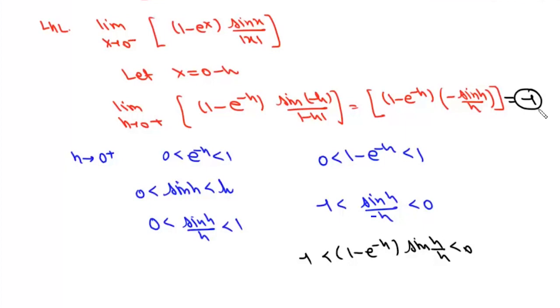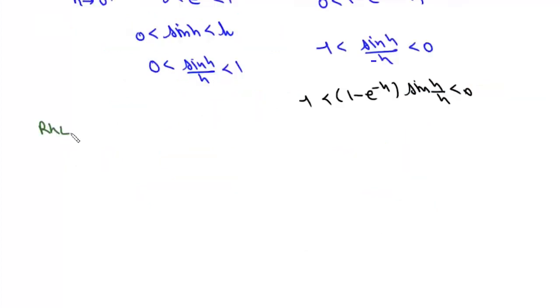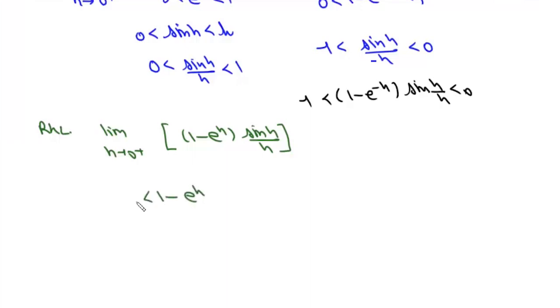Now we'll come to its right hand limit. For its right hand limit, we'll write limit h tends to 0 positive, greatest integer function of 1 minus e to the power h into sin h upon h. Now in this case, e to the power h will be greater than 1, so 1 minus e to the power h will lie between minus 1 and 0, whereas sin h upon h will lie between 0 and 1.